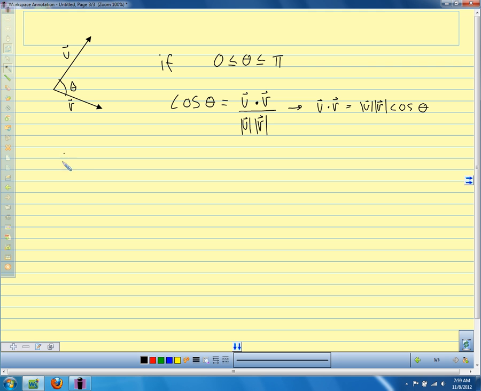So let's look at the proof, because I think this is a nice illustration of how we use the properties of vectors and the properties of the dot product to actually come up with a result. It's a short proof, so we're going to use the law of cosines.